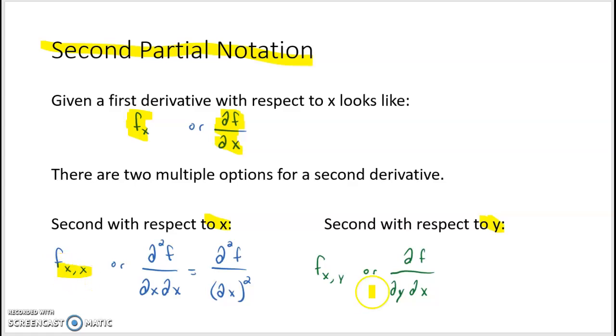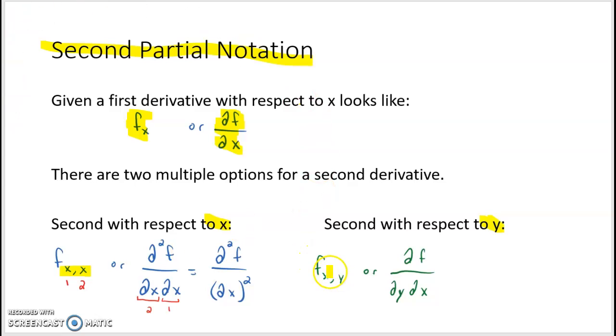So here we have f sub xx. That means in this case, this first x is the first derivative, and the other one is the second derivative. If we use the differential notation, it's actually backwards here. It reads from the inside to the outside. And same thing on the other one.